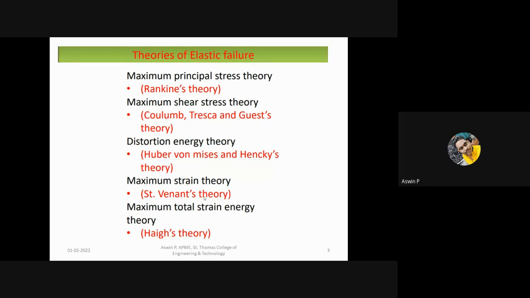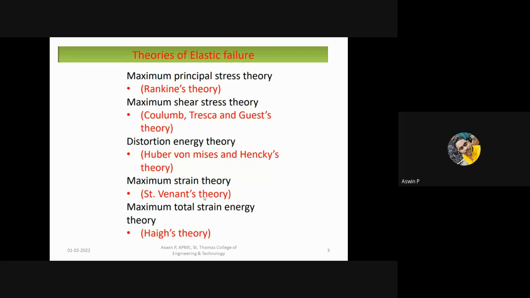Third one, don't write distortion energy theory. Third one is maximum strain theory. It is just according to the terms we have mentioned in the last slide, I am writing this one. If you mix this one, you will not understand what is in the last slide.